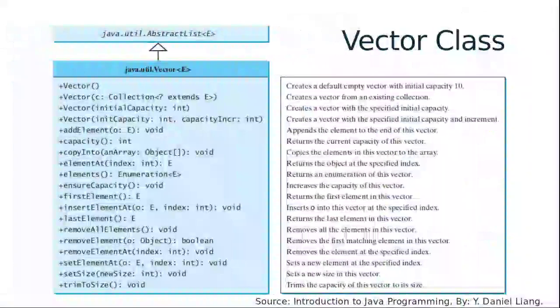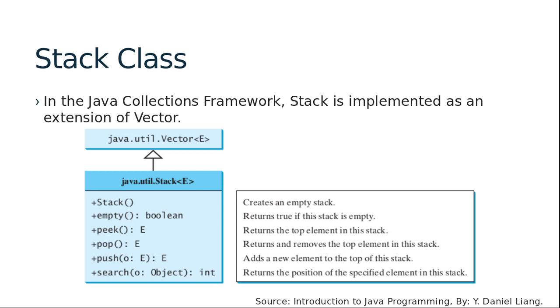Back to presentations. Next is the stack. Stack you already know. Stack is the last in first out data structure, and it has a few common operations like push, pop, peek and so on. So here in Java, stack is a concrete class which extends the vector concrete class.